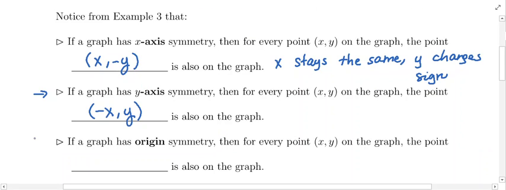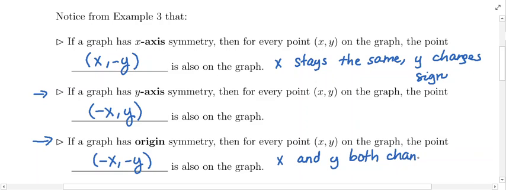In the third bullet point right here, if a graph has origin symmetry, then if you start with a generic point (x, y), that point is going to get sent to (-x, -y). So here what happens with origin symmetry is that x and y both change sign.